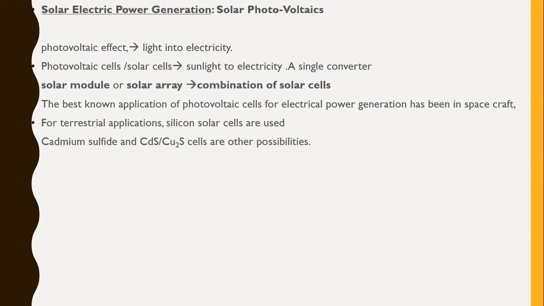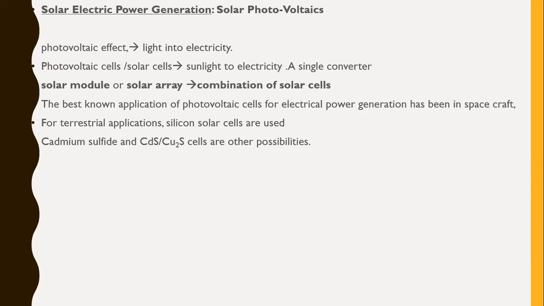This effect is the conversion of light, or any other electromagnetic radiation, directly into electricity. The photovoltaic effect is defined as the generation of electromotive force as a result of absorption of ionizing radiation.